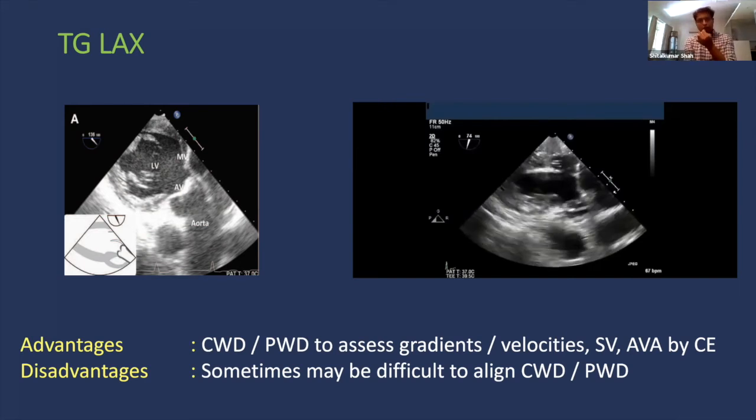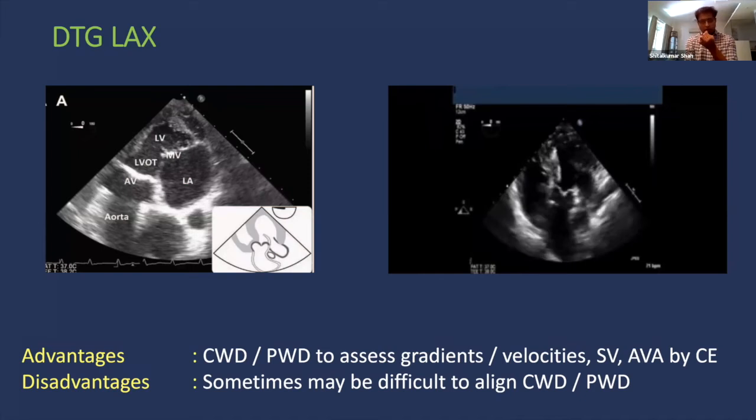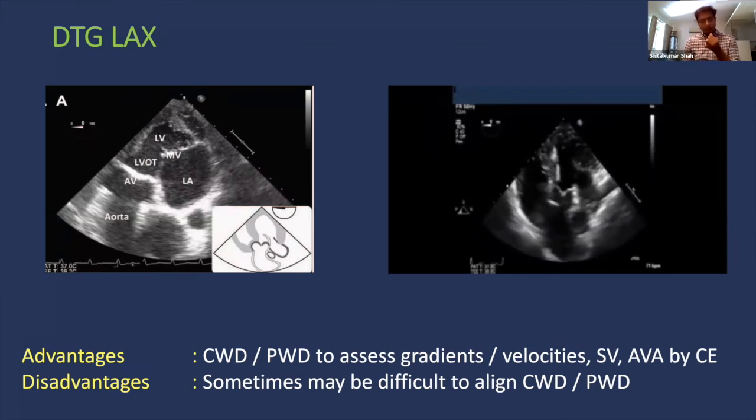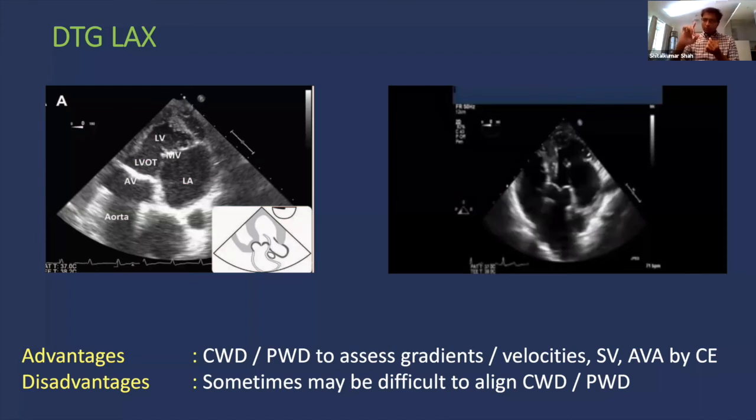Going on to the deep transgastric long axis view: advance the probe further, up to 50 to 60 cm, anteflex the probe, and then a very slow, gradual withdrawal gets you the deep transgastric view. And as you see again, the left cusp in the view is the right coronary cusp, whereas the cusp that is always near the mitral valve can be either non-coronary or left coronary.